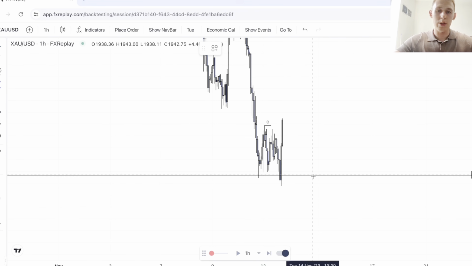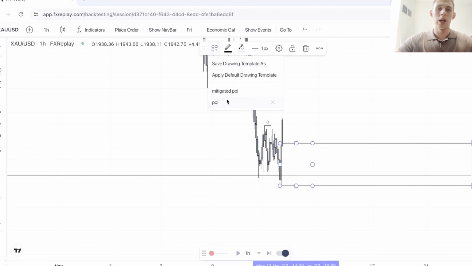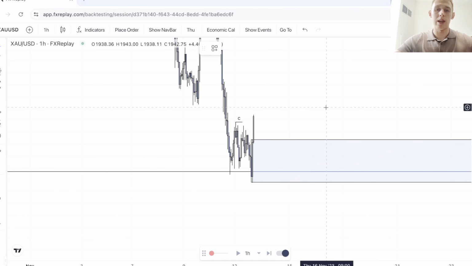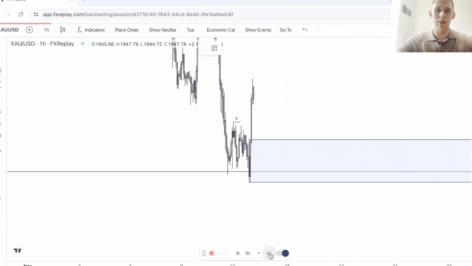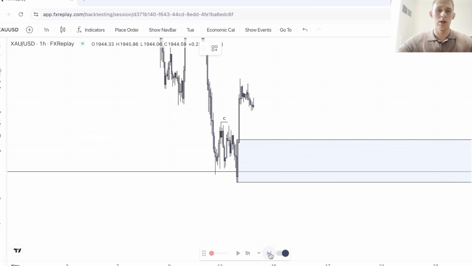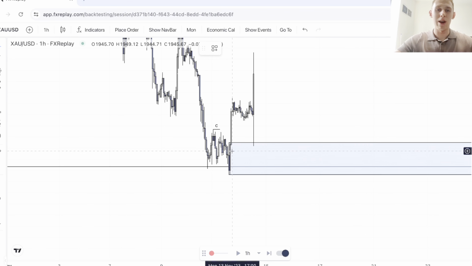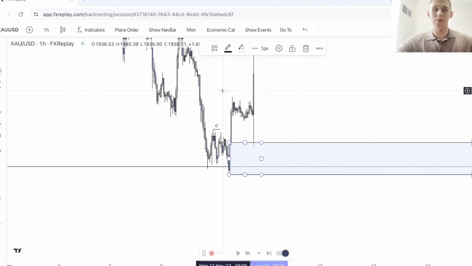So the whole area of demand I would look to enter from would be this zone, conditional on the event that we have some liquidity above it. So for now, just gonna let price do its thing. Oh, so sorry, I reacted to that a little bit too late.